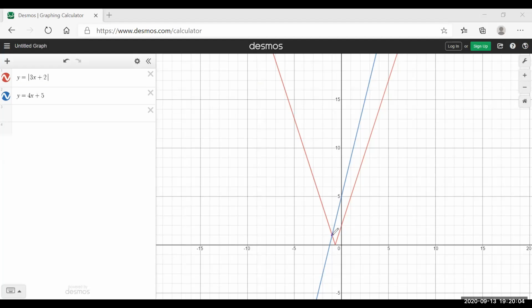So what is this point of intersection right here? If you come over here on the graph, where is that exact point of intersection? It's going to be at, let's see if we find it exactly.